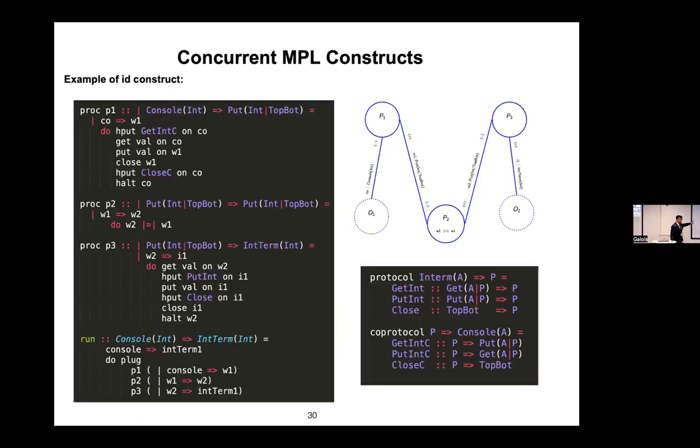So this is the corresponding MPL code for that. I do not expect you to understand this. All I wanted to show here was, this can be done very succinctly in MPL. This is where I equated channels W2 and W1. This is where we are plugging processes P1 and P2 along W1 and P2 and P3 along W2.